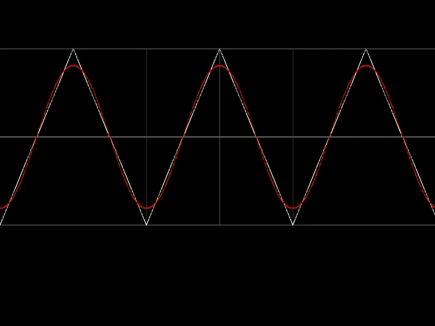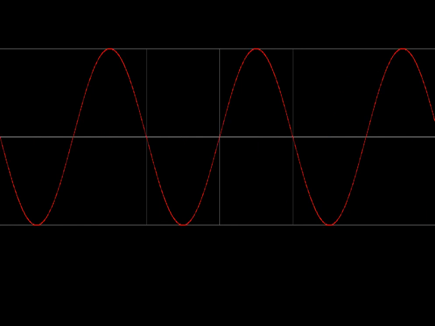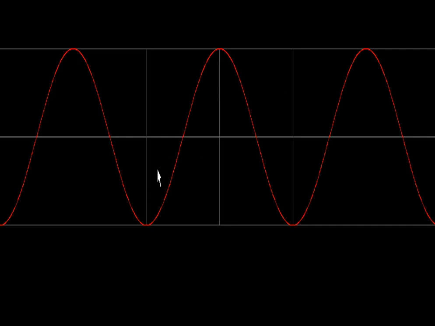Now we are going to look at the Fourier applications. First, this is the sine wave. Next we will consider the cosine wave.